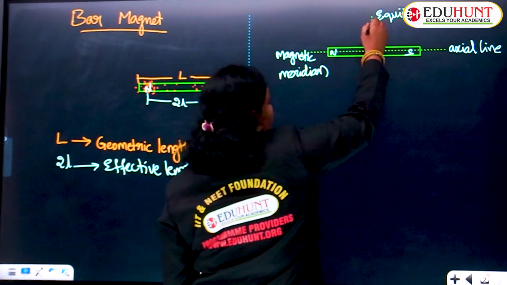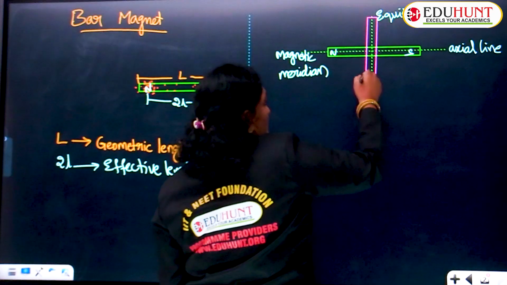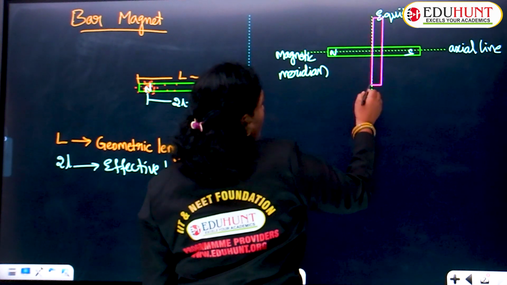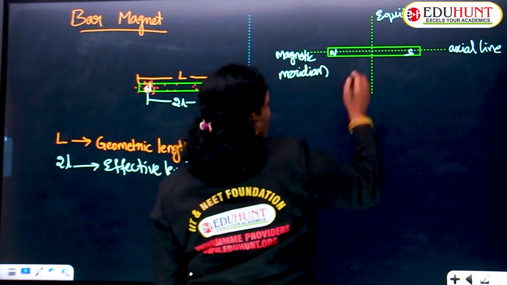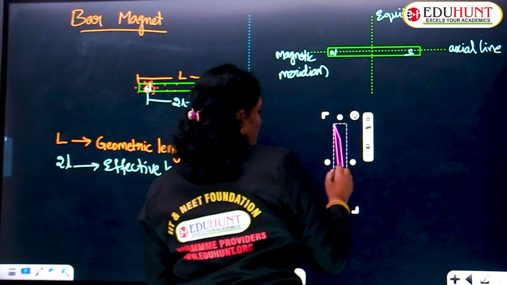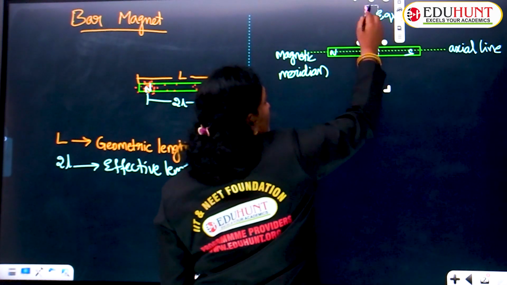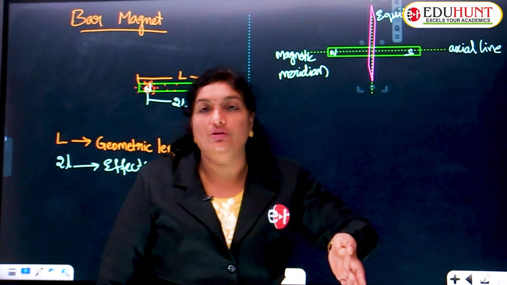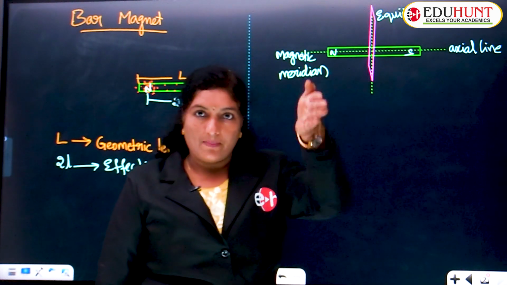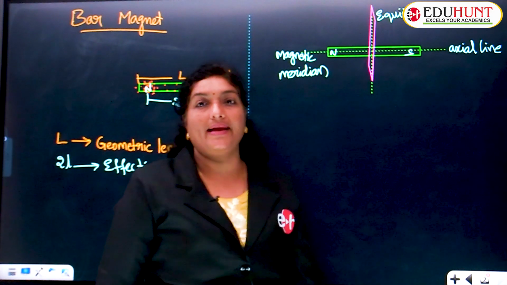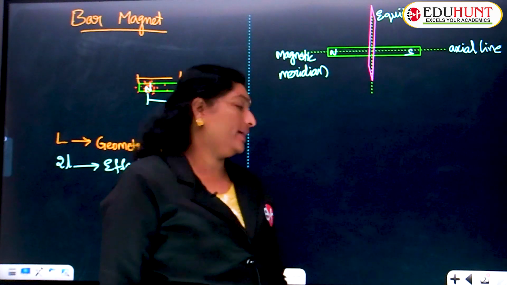Similarly, the other plane which passes along the equatorial line of the bar magnet, the complete plane that passes along the equatorial line of a bar magnet, that is called an equatorial meridian.